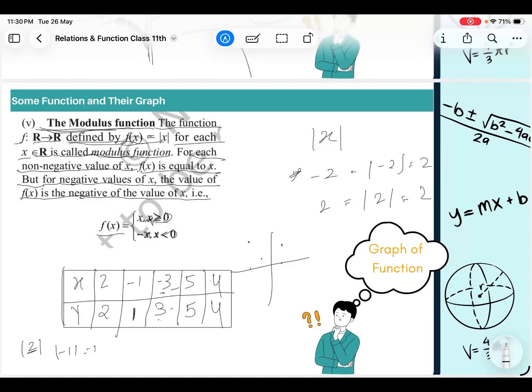So you see, if we make the graph, it's something like that. Okay, so this is not crossing. Why? Because mod is preventing y from becoming negative. So there will be no representation here on the y-axis. It will be only in three axes: minus x, plus x, and positive y.